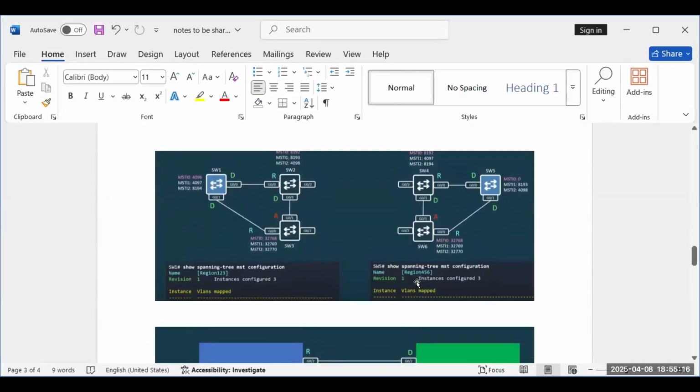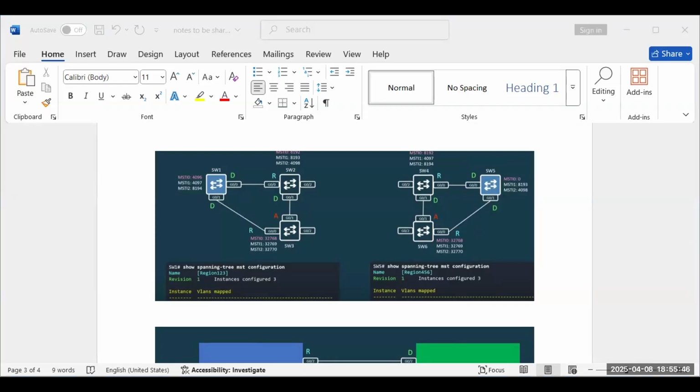In my same network, I have an additional 3 more switches. So what I'm going to do, similarly, is configure the remaining 3 switches into region 456, like how we did for region 123, and again the same VLAN mapping is done for that region.